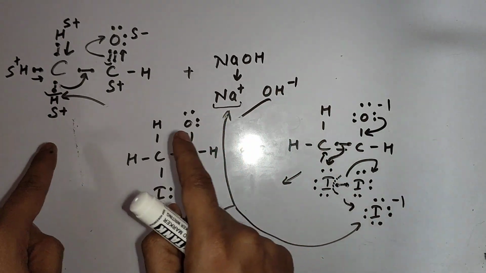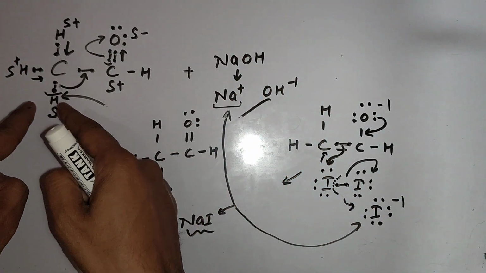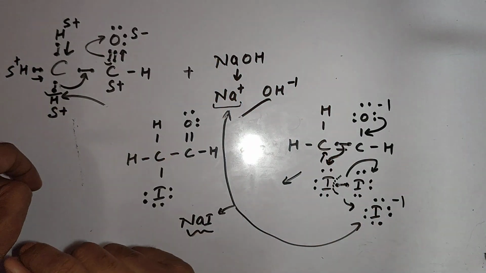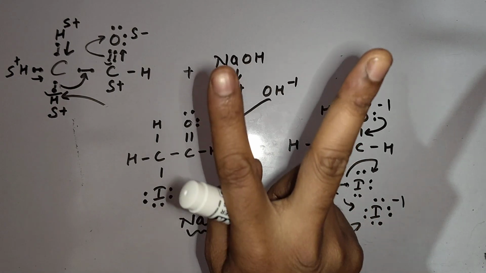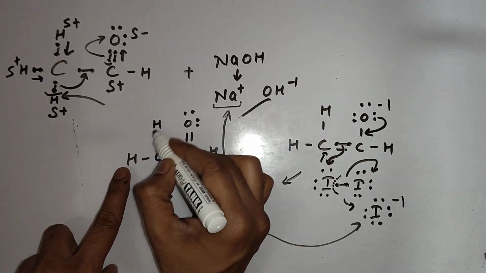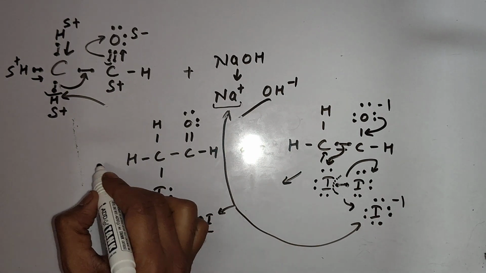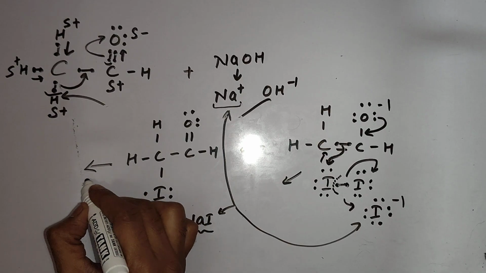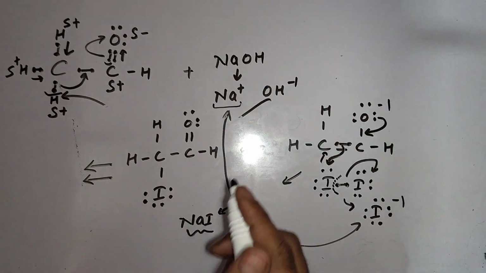Similarly, the mechanism which I have written in front of you right now, the attack of H positive with one basic particle and then one iodine particle, will happen 2 more times, because these 2 acidic hydrogens are left over there. Means, again you have to repeat this cycle 2 times. So please tell how many NaOH will be used over here.